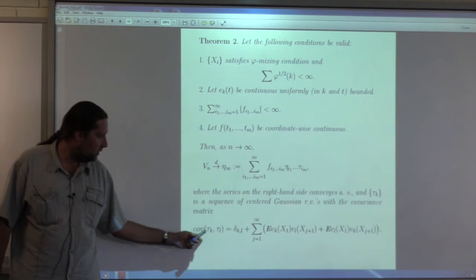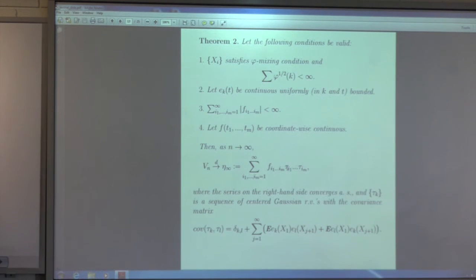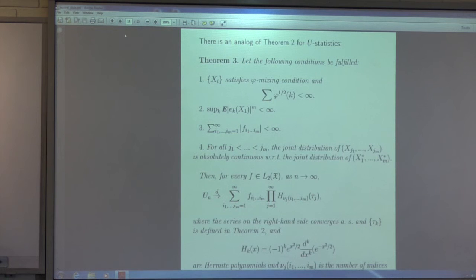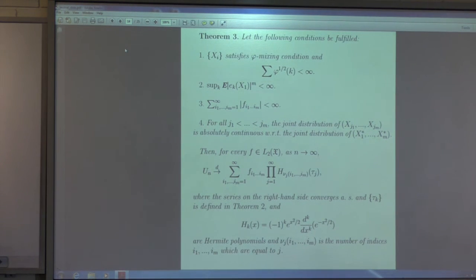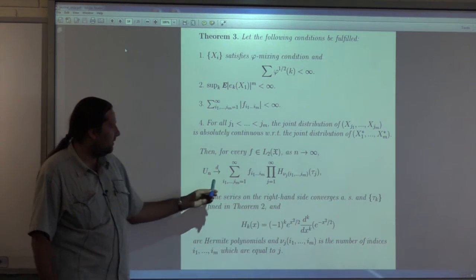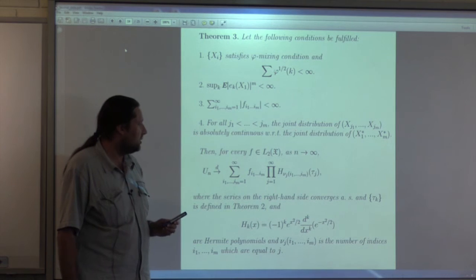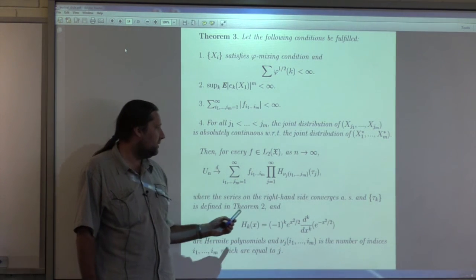And here we can find the connection between these dependent Gaussian random variables which participate in describing the limit element, and analogous limit theorems can be proved for U statistics as well. Here the form of the limit element is a little bit more complicated.